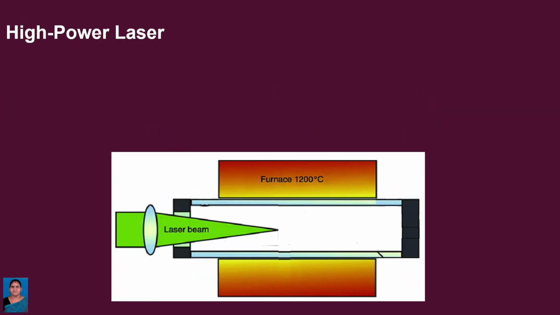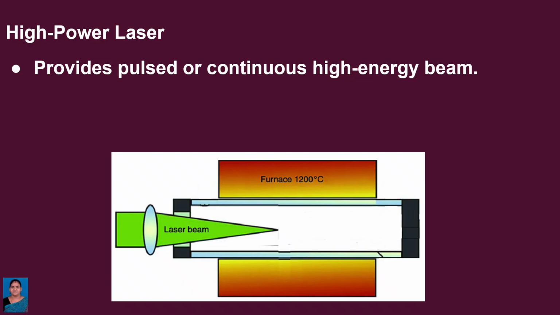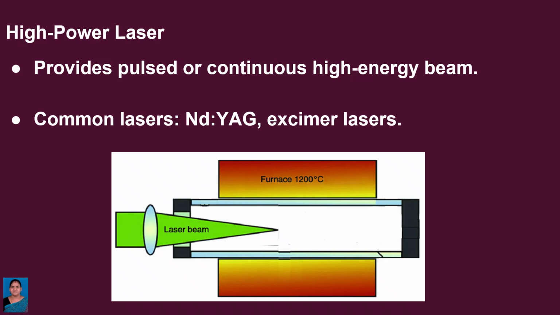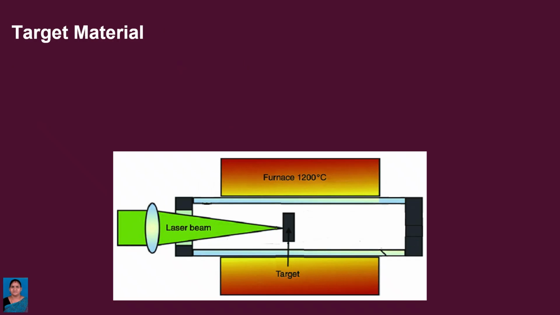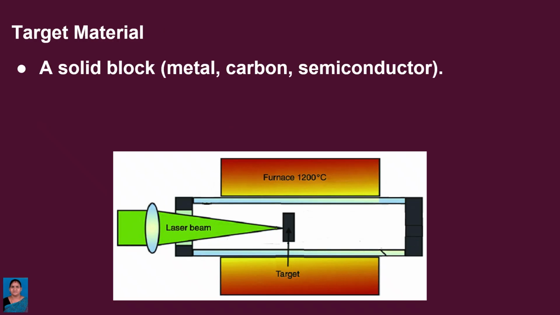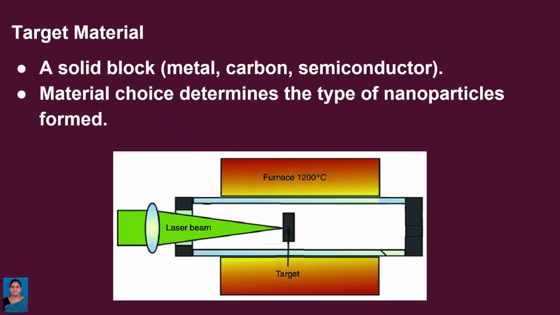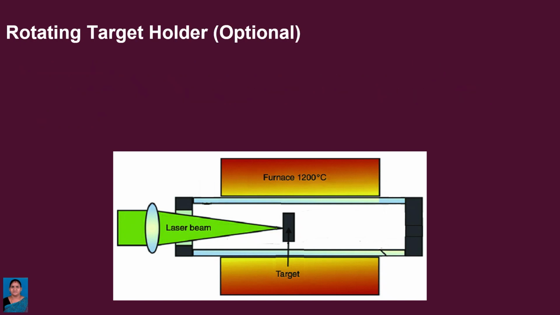High power laser provides a pulsed or continuous high energy beam. Common lasers used include neodymium doped with yttrium aluminum garnet and excimer lasers. Target material: a solid block, can be metal, carbon, or semiconductor. Material choice determines the type of nanoparticles formed.